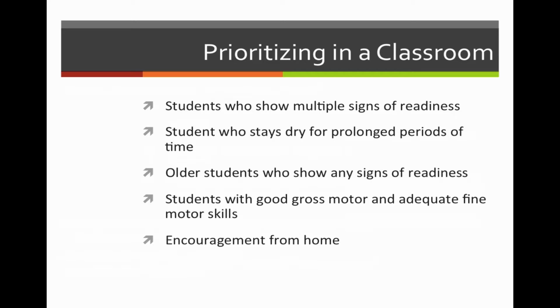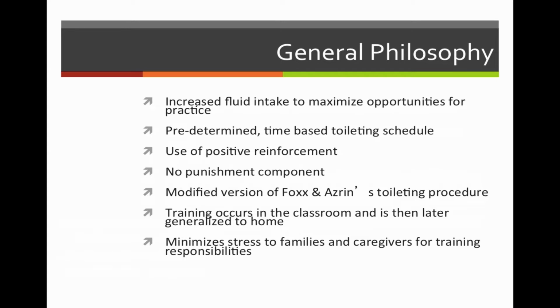Older students who show any sign of readiness, students with gross motor and adequate fine motor skills, those are students that are going to be much more likely to pick up these skills without a lot of adaptation, so that it becomes a priority that we can do quickly. And again, encouragement from home. So this is just a review of the things we're looking for to begin with, but if we're seeing any of it, it really should be prioritized.